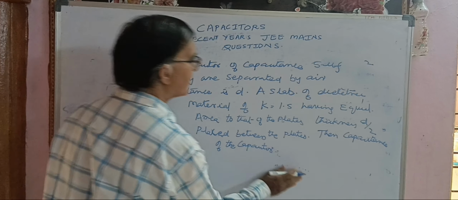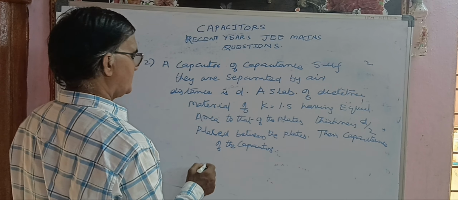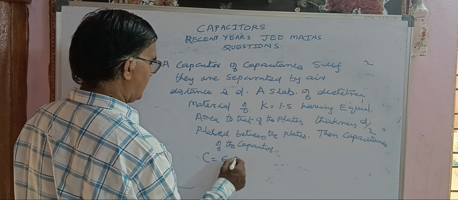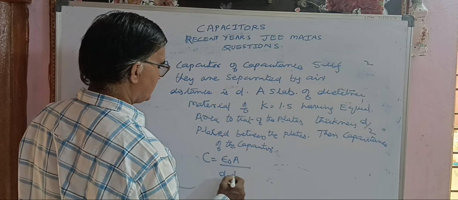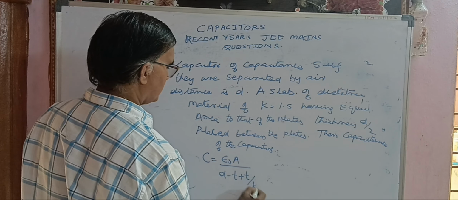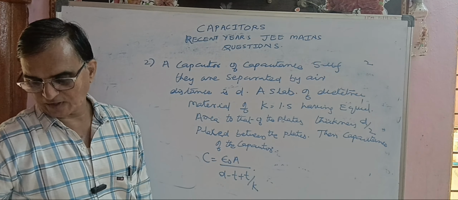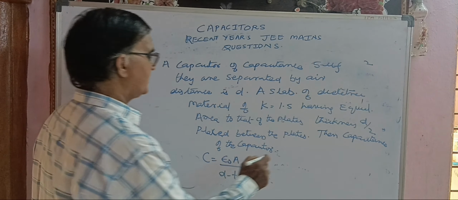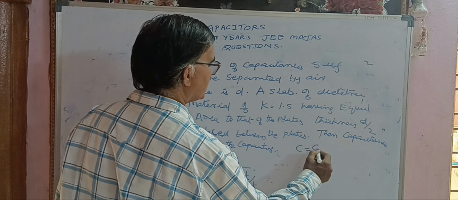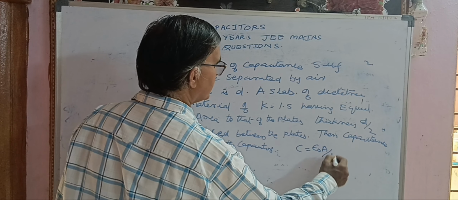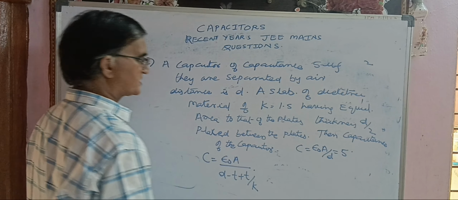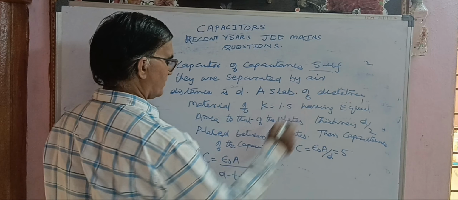We go for the normal formula here. C is equal to epsilon naught A by d minus t plus t by k. You have that formula. So initially, what is the capacitance? C is equal to epsilon naught A by d. This you got 5 microfarads, given already.